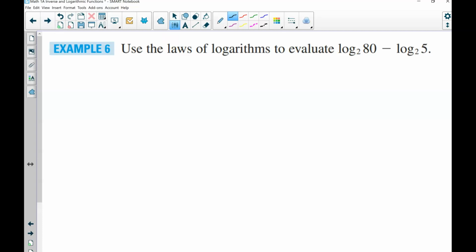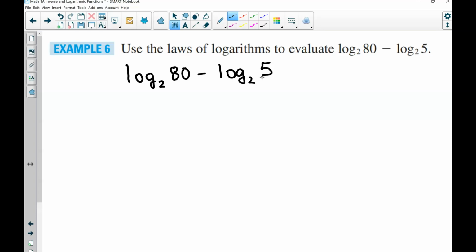Now, using these laws, we're going to go ahead and evaluate the following. We have the log base 2 of 80 minus the log base 2 of 5. Now, they do have the same base, but we can't evaluate 80 and 5 in terms of having a base of 2.